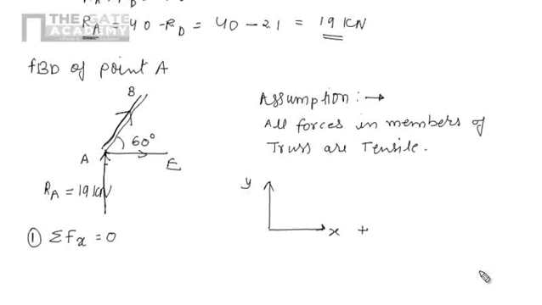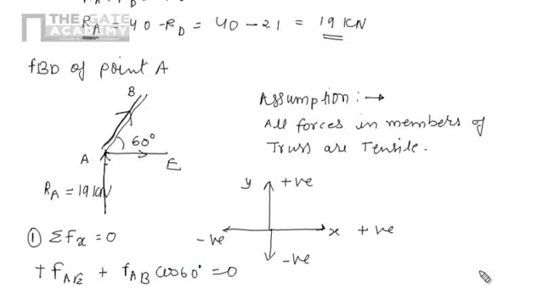According to our convention, positive x is positive, negative x is negative, positive y is positive, and negative y is negative. So for positive direction, we are having FAE, that is in positive x direction. Similarly, the component of AB in that direction will be FAB cos 60 degree. So FAE plus FAB cos 60 degree equals 0. This is the equation we got from our condition number 1.